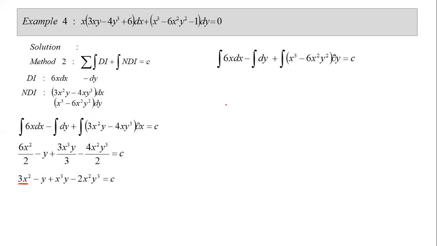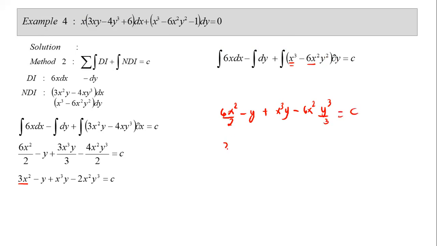So that is 6x squared over 2 minus y plus, you are integrating with respect to y, so x cubed is constant. And then you just simply affix y. Minus, you are integrating with respect to y, so 6x squared is constant. And then integrate y squared, and that is y cubed over 3, and then equal to c.